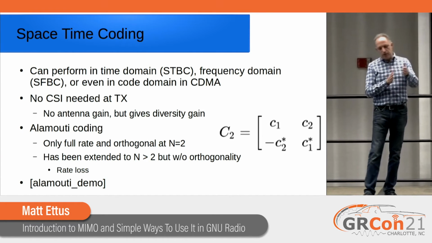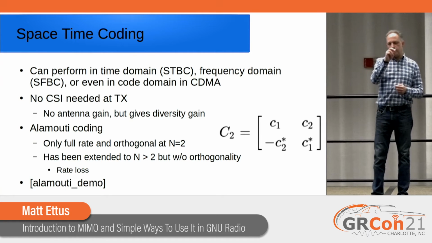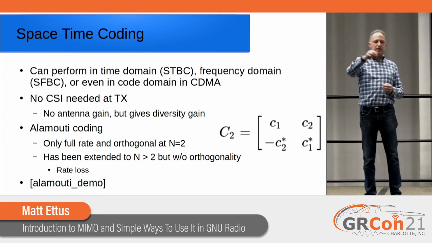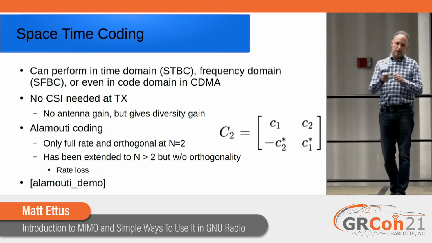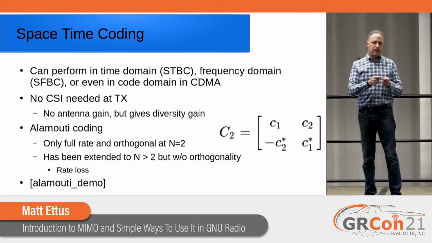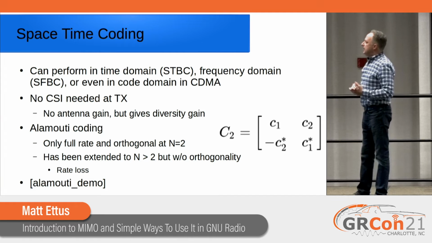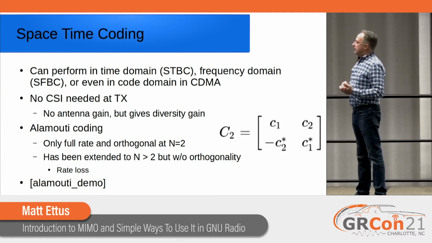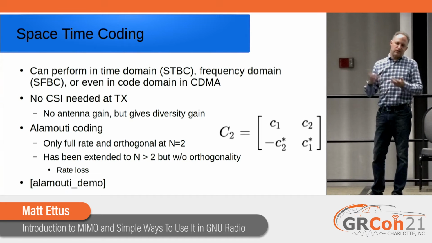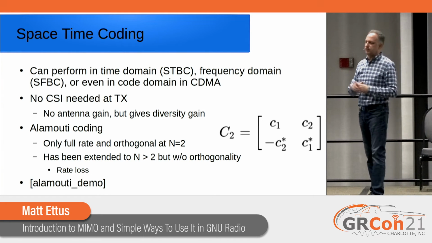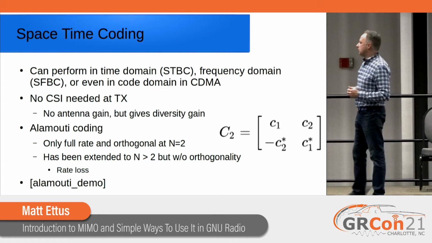Space-time block coding means the code symbols you do sequentially, so A then B, A then B. Whereas space frequency block coding would mean you just put them on adjacent carriers in your OFDM, but it's the same math. And you could actually do it in CDMA. I've never seen anybody actually do it, but there's no reason you couldn't. There's two orthogonal signals. You can just do that in the coding domain as well.